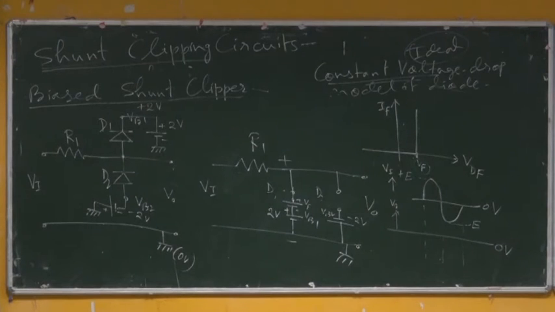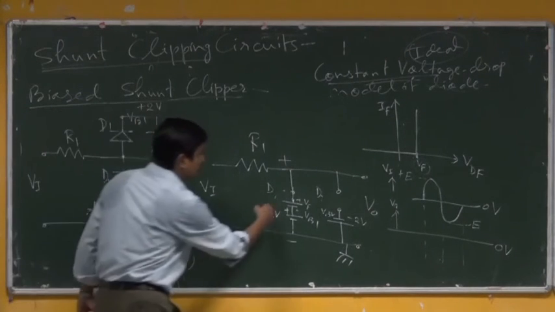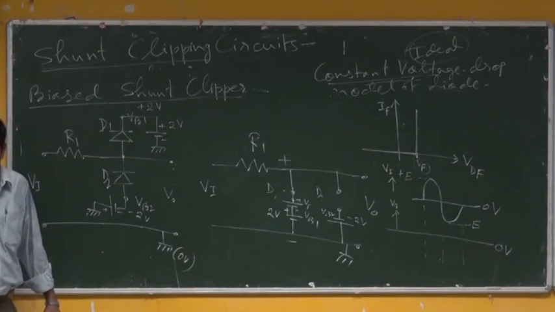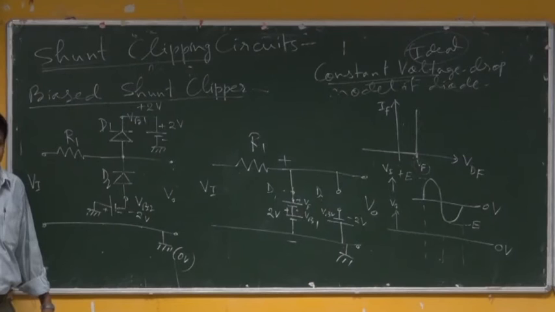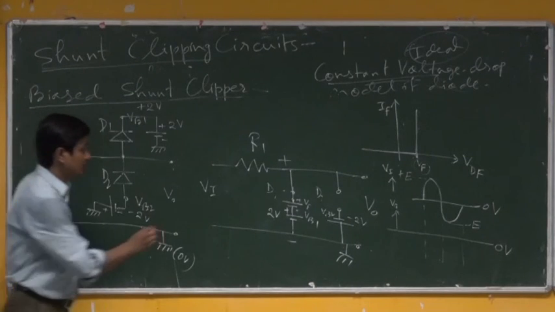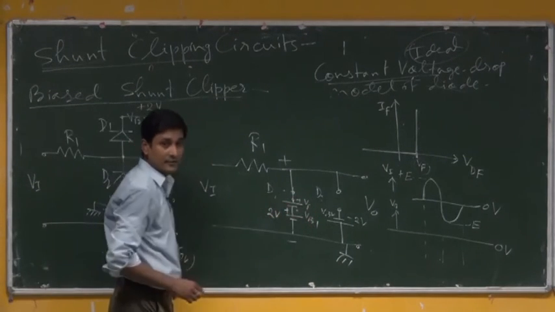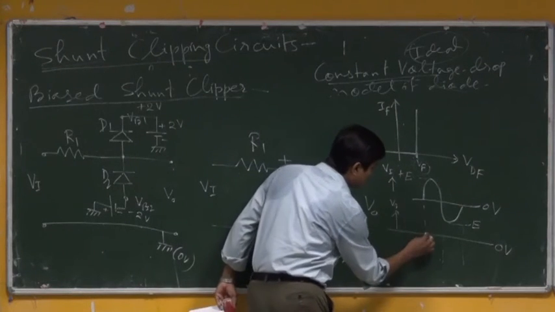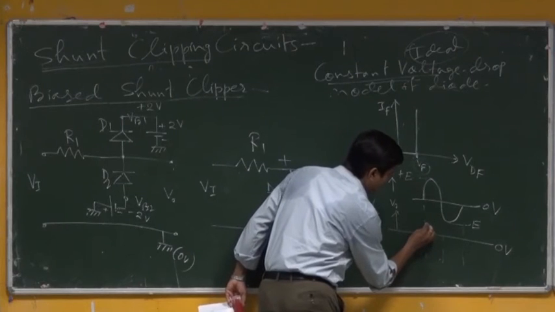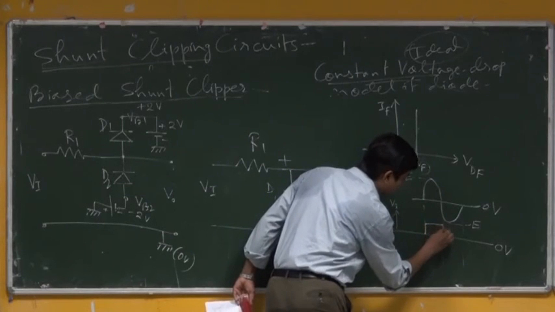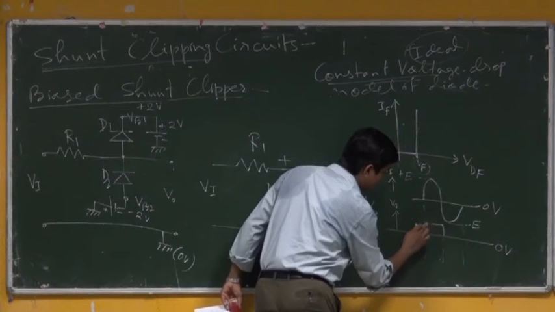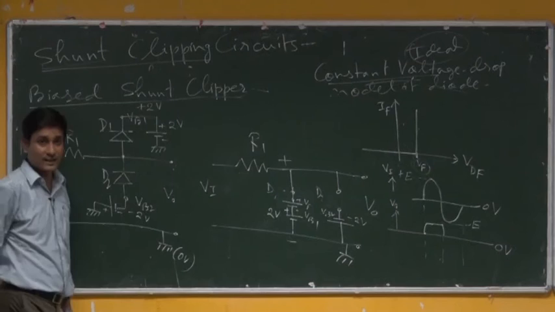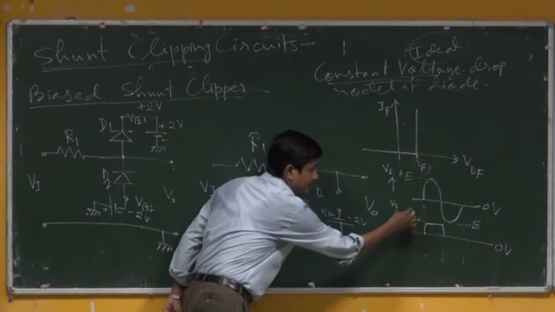Okay. Now, if I ask you what is the output voltage then? I connect RL or don't connect RL, it doesn't matter. It will be VF plus Vb1. What is the maximum voltage here?